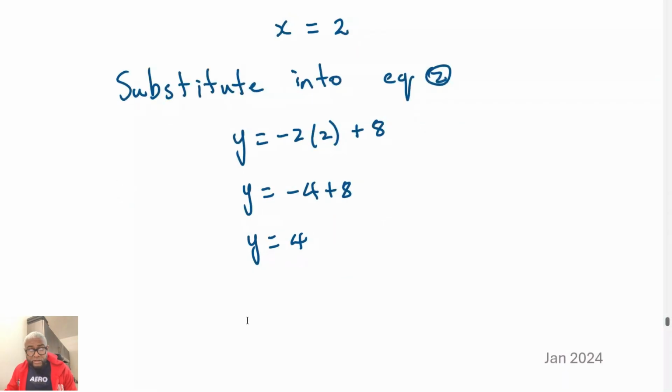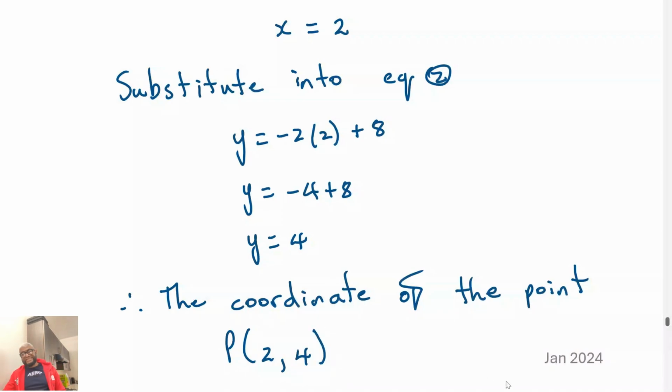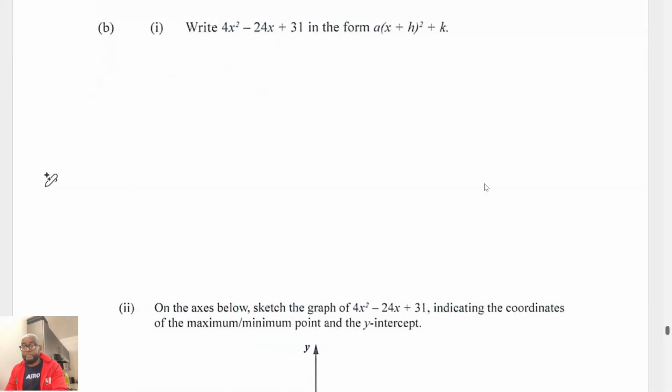So therefore, the coordinates of the point P would be, what's the x value? 2. Comma, what's the y value? 4.